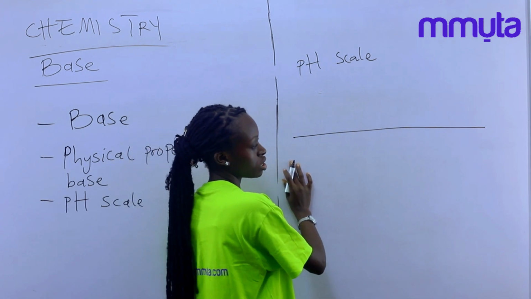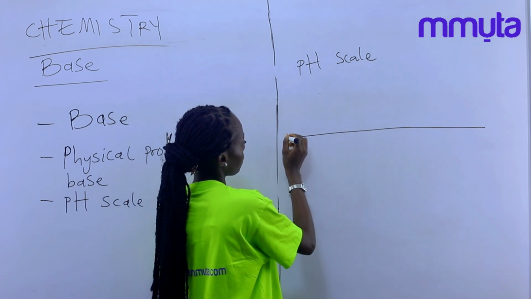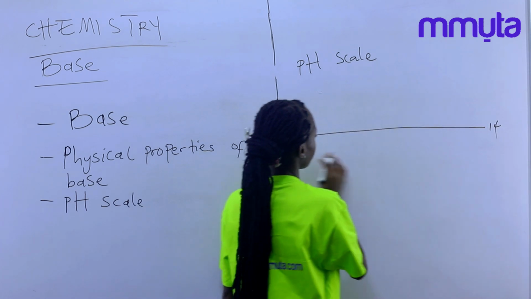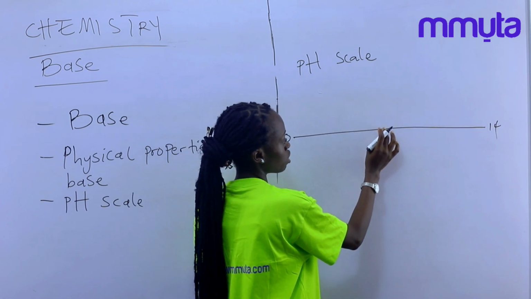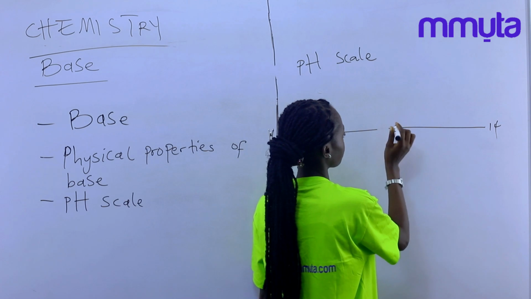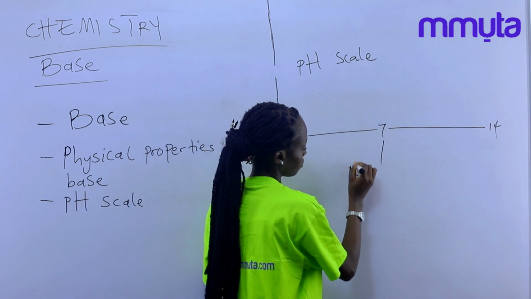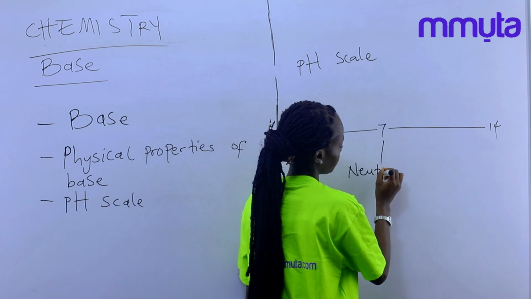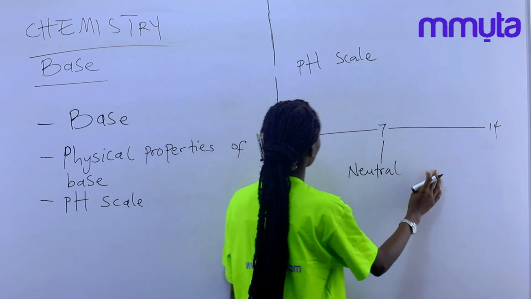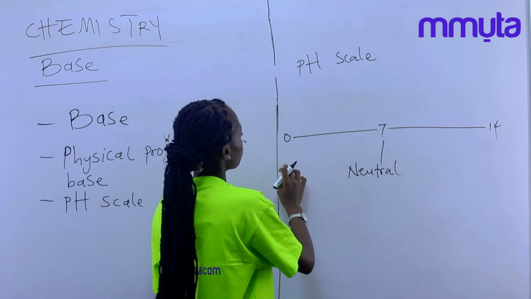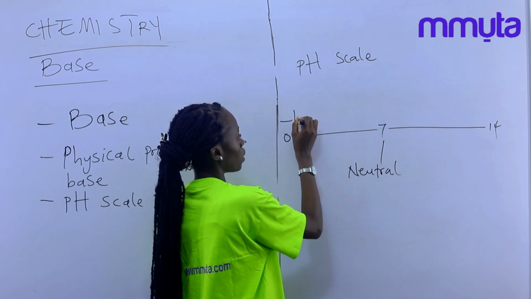A pH scale typically goes from 0 to 14, and in the middle we have 7. Now, this 7 is neutral. It's neutral, okay?